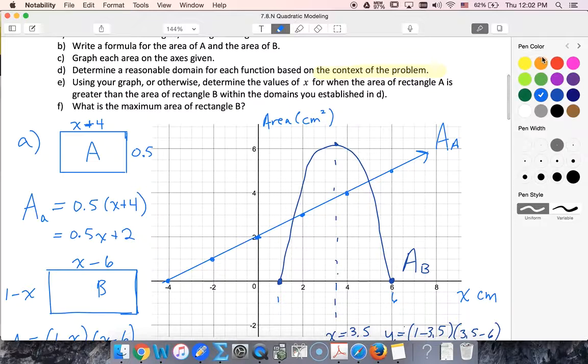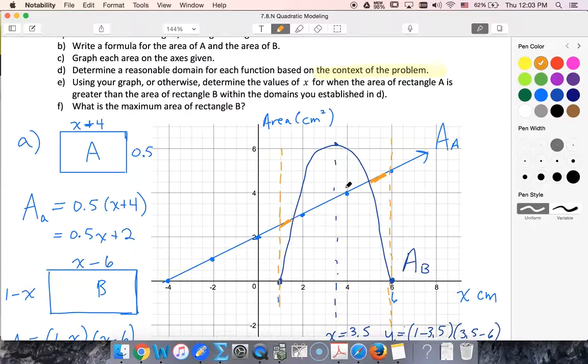So I can only look at this region where rectangle B exists, because rectangle B doesn't exist outside this region. So within this region, where is A greater? Well, at this point, I can see that this area is greater than this small area. So it must be here, and also A is bigger over here.